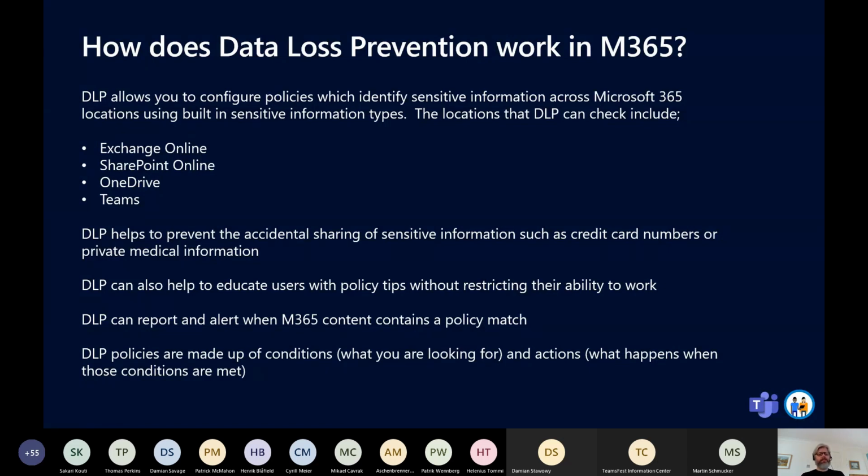And DLP policies are made up of conditions and actions, and the condition is essentially what you are looking for, and the actions are what happens when those conditions are met. So that's a bit about data loss prevention in M365, a quick bullet point introduction.